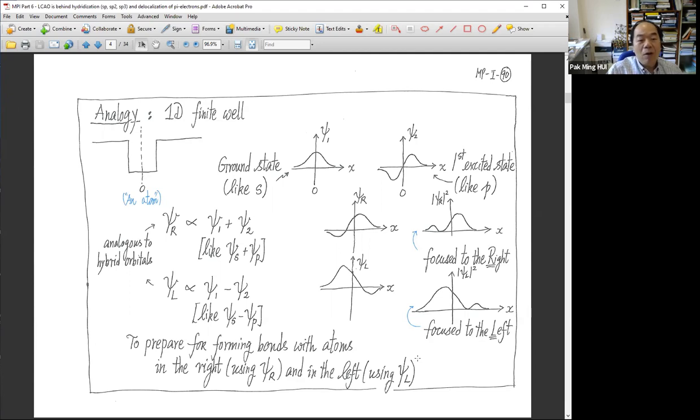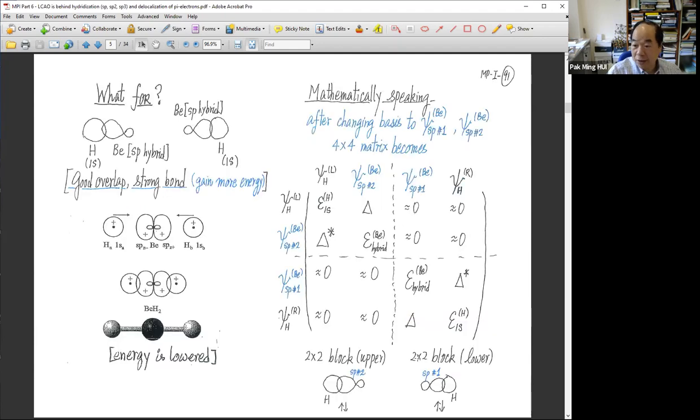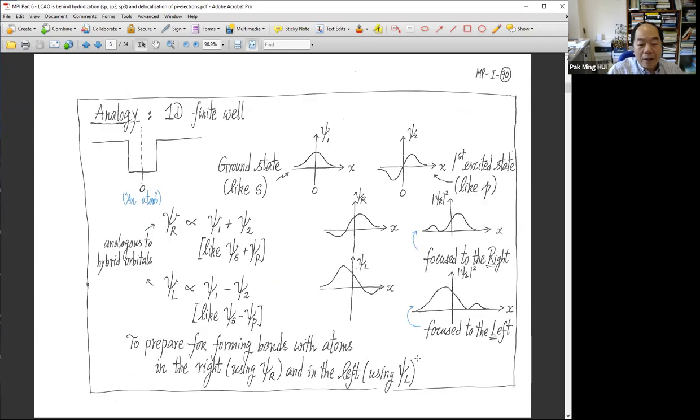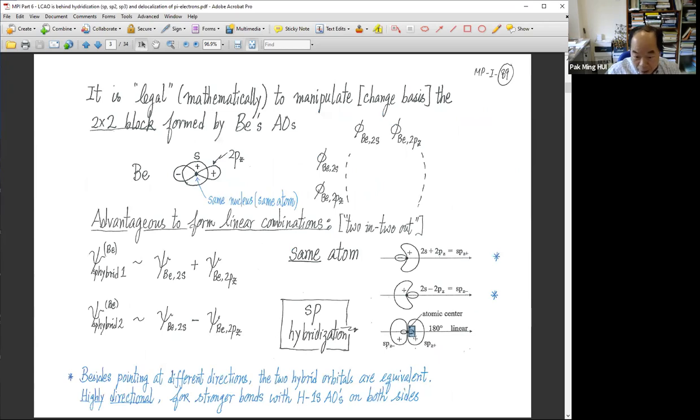Now, we were emphasizing that there's nothing fancy but changing bases. But we have a 4x4 matrix to start with, okay? You may wonder, changing bases, so what? What for? Now, follow me in concept.